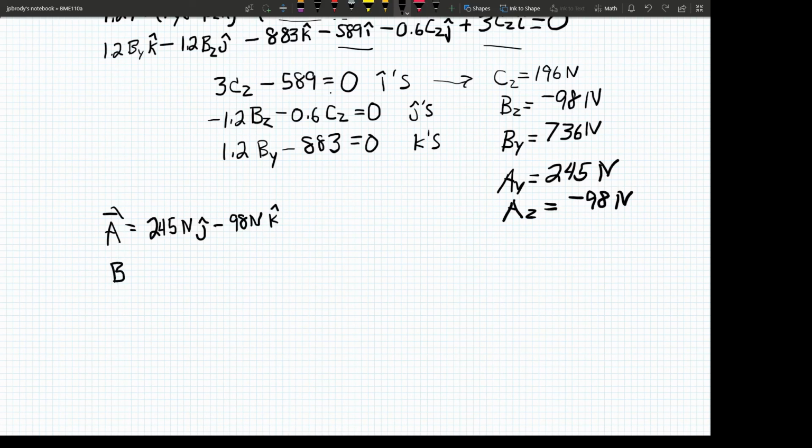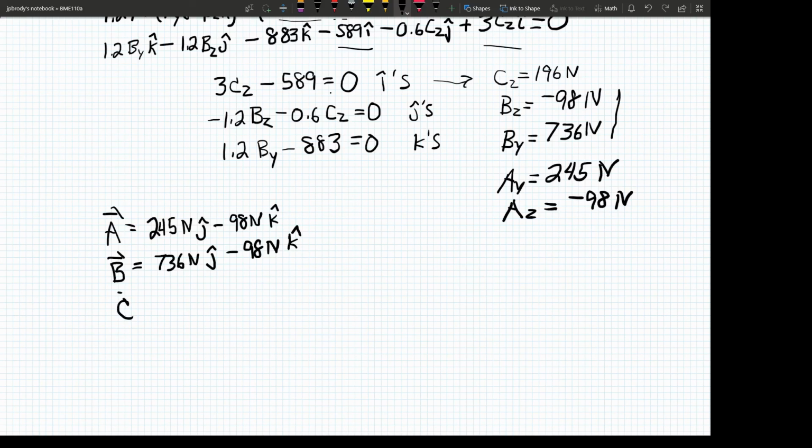The reaction force at B, we've got right up here. It also is just in the j hat and k hat direction, so it's 736 newtons in the j hat direction, minus 98, same as A, 98 newtons in the k hat direction.